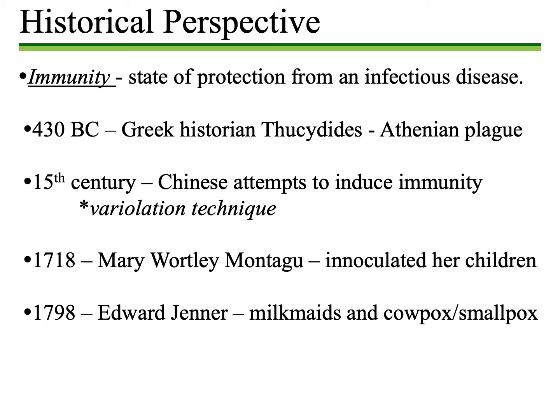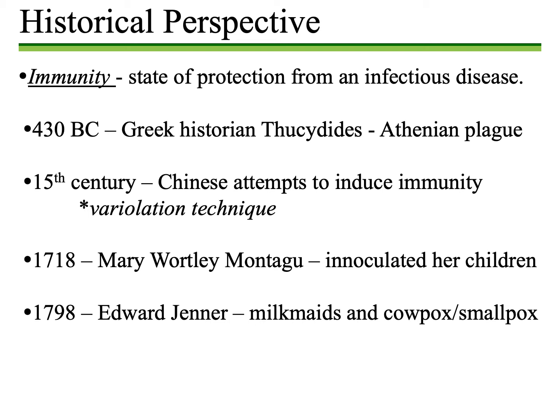If we jump ahead a bit, we have the example from Mary Wortley Montagu. She was the wife of the British ambassador to Turkey, and what she witnessed was that the same variolation technique we just discussed in the Chinese literature was very successful in preventing disease in the Turkish people.